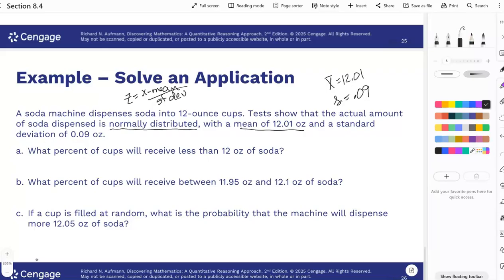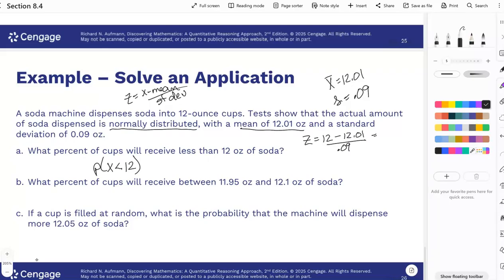We want to know what percent of cups will receive less than 12 ounces of soda. So we're looking at the probability that X is going to be less than 12 ounces. We've got to find the z-score associated with that. So z is going to be equal to my X value minus the mean, and then we're going to divide it by the standard deviation.